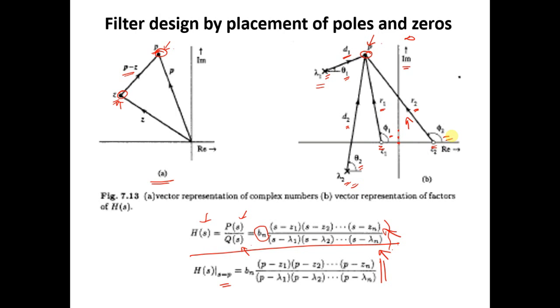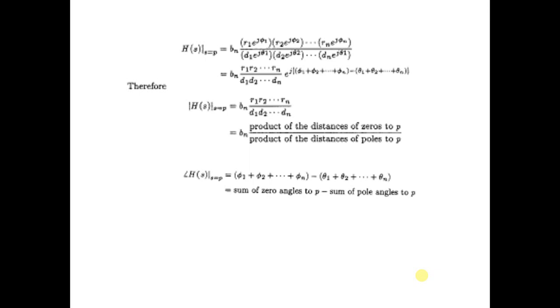Now if we put these values d1 theta 1, d2 theta 2, r1 phi 1, r2 phi 2 into the equation of H(s), which is the transfer function of the system or the filter, then we can rewrite that equation in this format: Bn r1 e to the power j phi 1, r2 e to the power j phi 2.